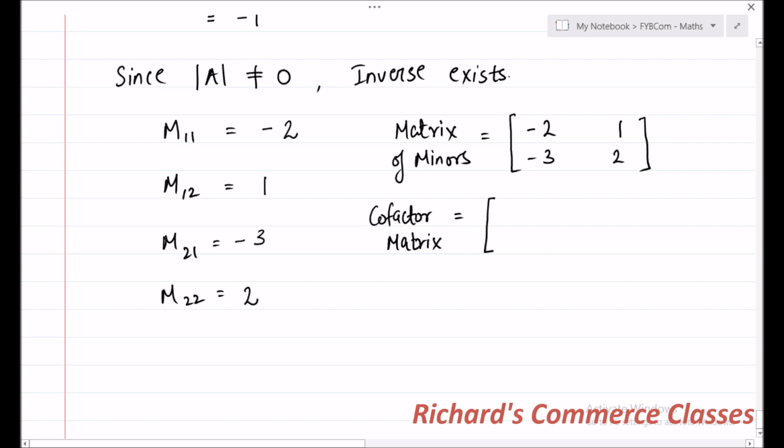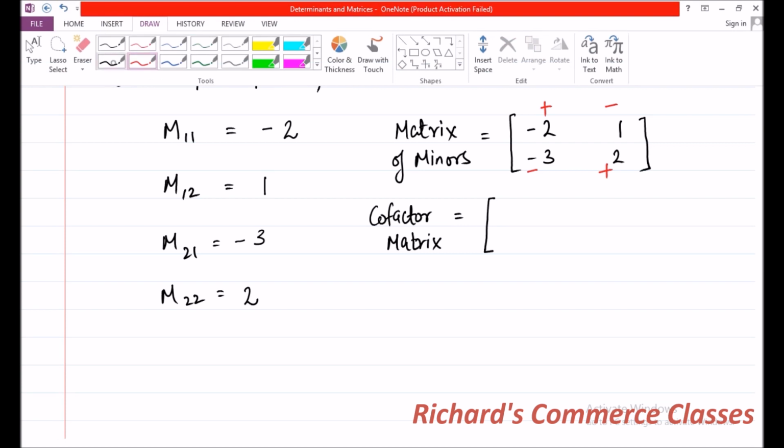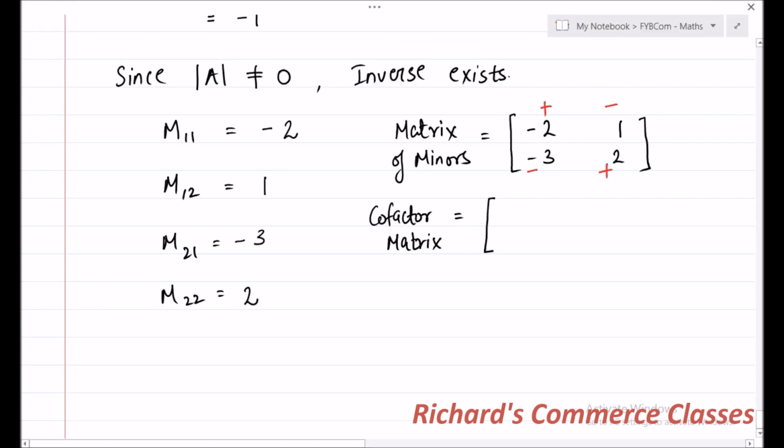For a 2 by 2 matrix, for applying these signs, we start with plus, minus, plus, and minus. Our cofactor matrix will be plus into minus is -2, -1, +2, and minus into minus will make it +3.